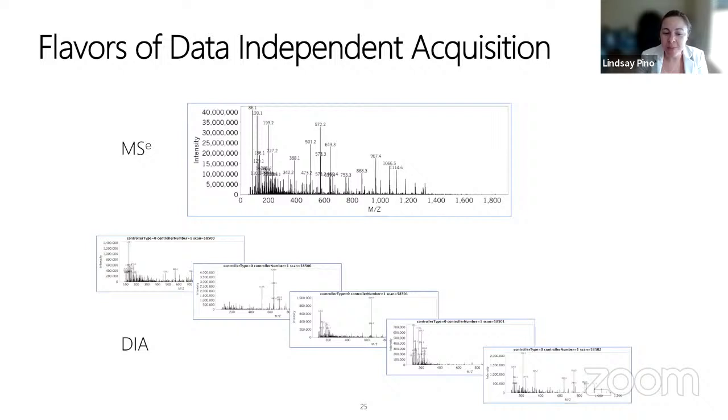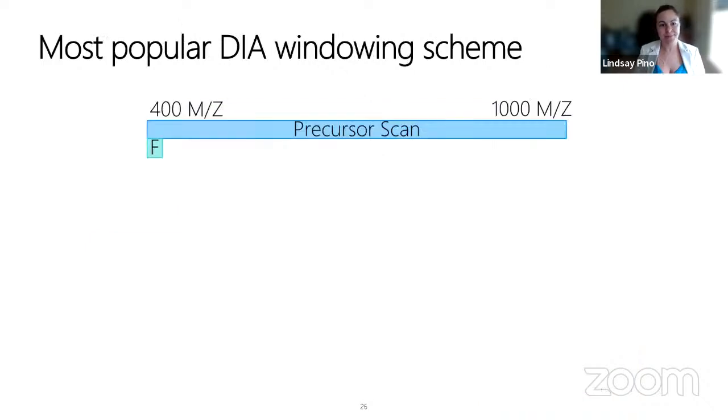Not quite so many peaks, and for those of you in proteomics, you can maybe a little bit more by eye start to see the spacing of amino acids in the MZ range. So MSE would be super great, but computational proteomics isn't quite there yet for MSE, but maybe in the future. For now, DIA is definitely the flavor du jour for doing these experiments.